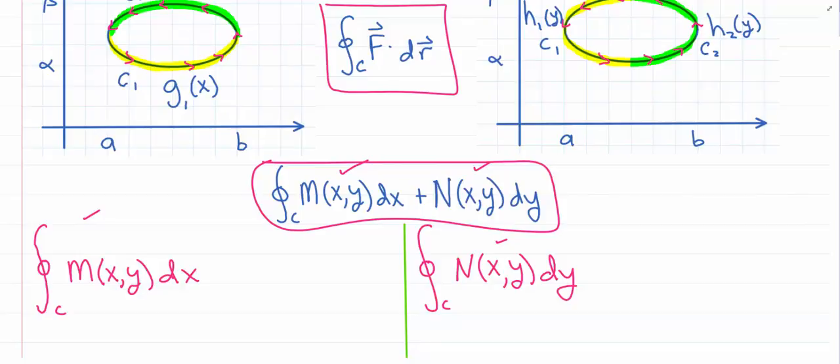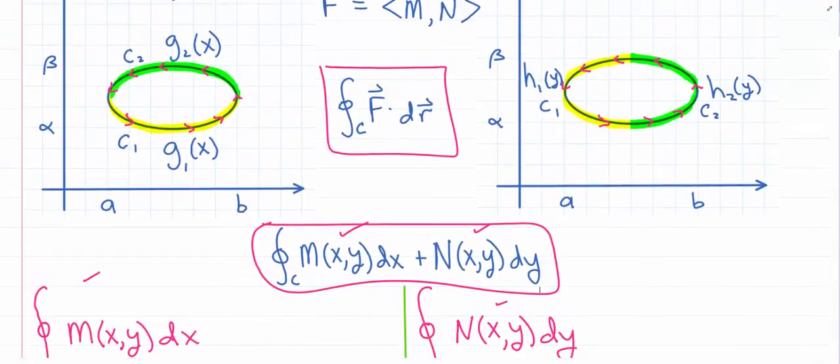But let's look at this first graph here. What I've done with this first graph to deal with this M(x,y) dx is I've got this curve and I've partitioned it. I've partitioned the first curve and the second curve, even though they're the same, in two different ways.